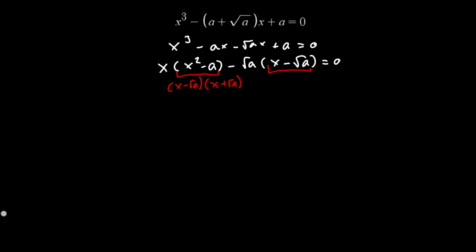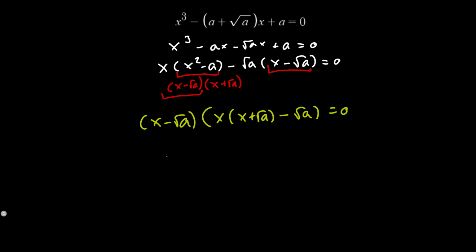And we have a factor of x minus root a, which you could factor out, and it will give us x minus root a times x times x plus root a minus root a. And it is equal to 0.